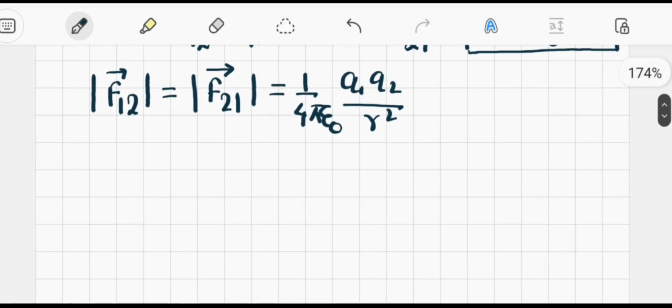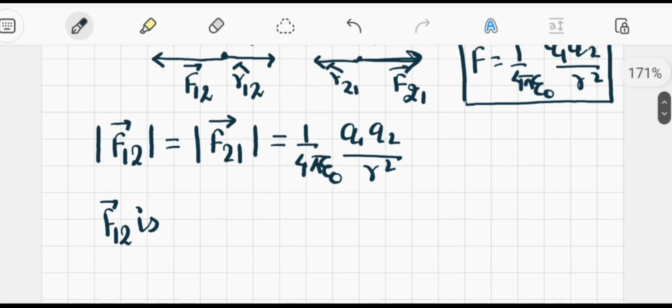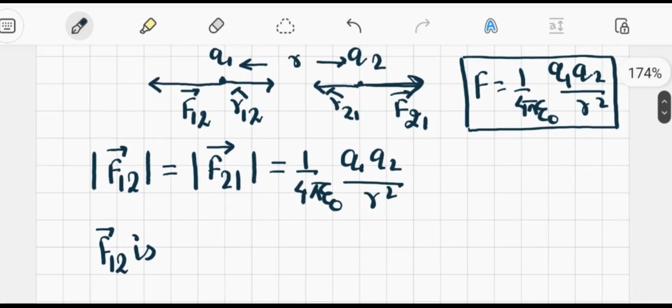Now if we consider the directions as well, what is the direction of force on 1 due to 2? It is along the direction of R cap 2 1. We can see it over here, both the directions are same, both are directed towards the left.